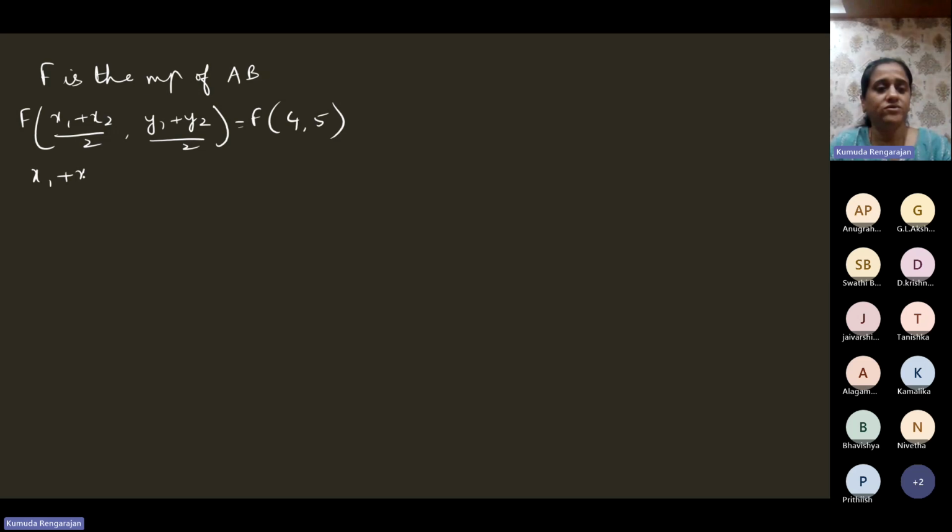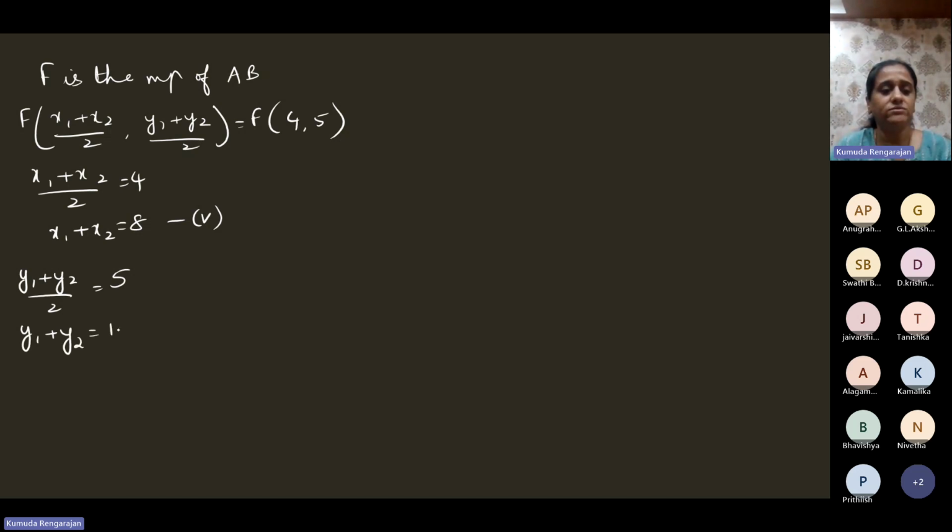So (X1 plus X2) by 2 is equal to 4. X1 plus X2 is equal to 8. (Y1 plus Y2) by 2 is equal to 5. Y1 plus Y2 is equal to 10.